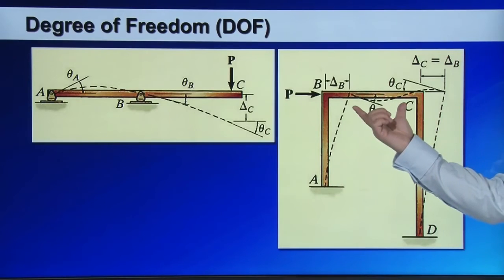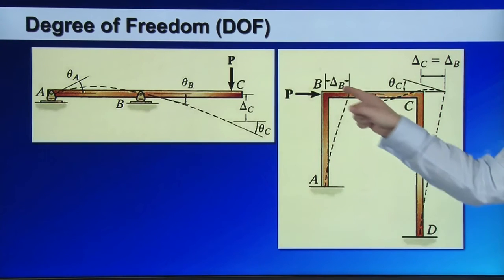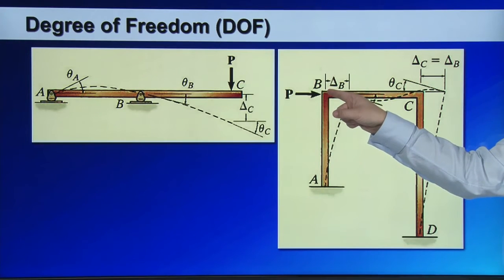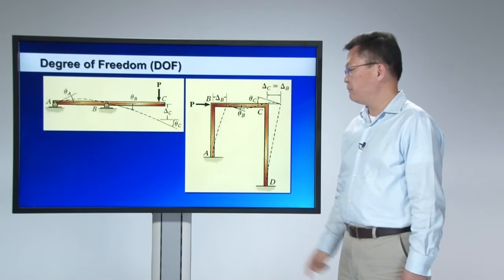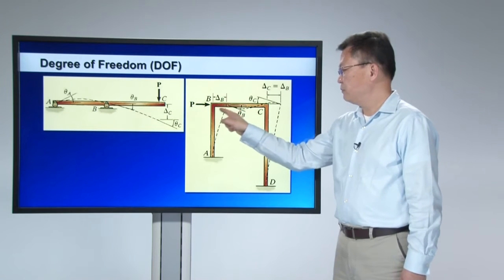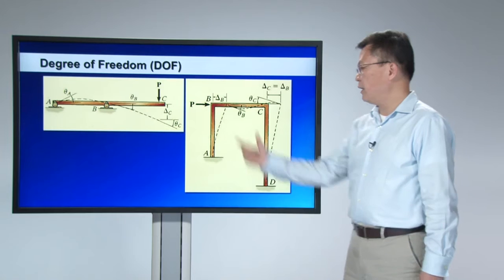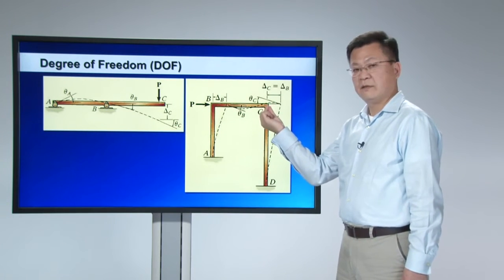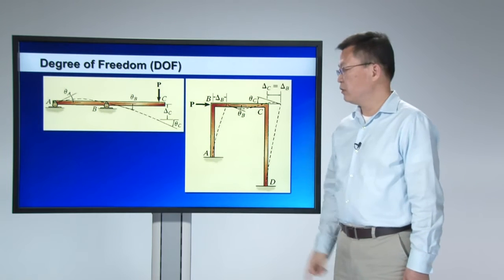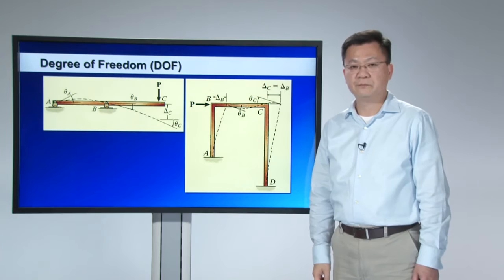Also, you assume this element is inextensible, so the displacement at B should be equal to the displacement at C. To summarize, I will have a rotation angle at B, a rotation angle at C, as well as the translation of B or C, which are equal. So I will have a total of 3 degrees of freedom.